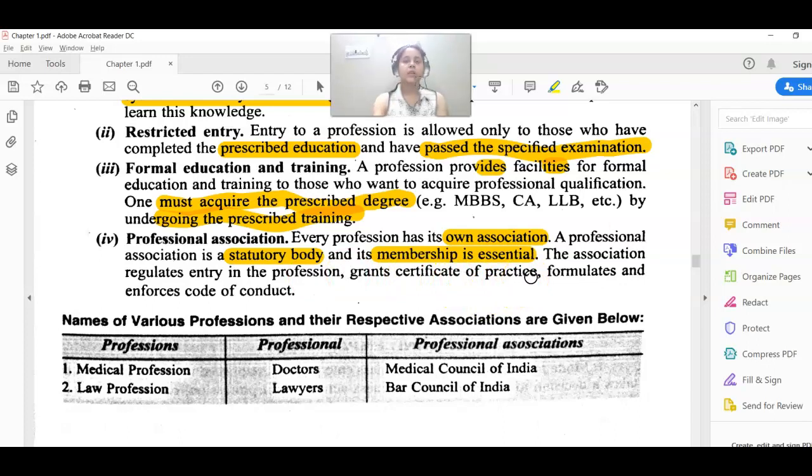This means the association or institute regulates who will be a member of the institute and who will practice on the guidelines given by it, and further the institute decides the code of conduct.